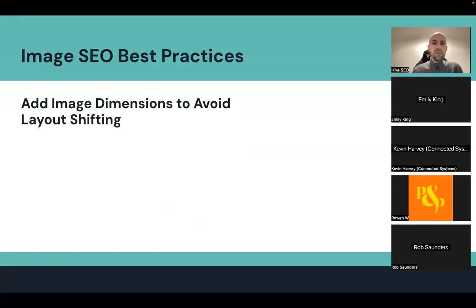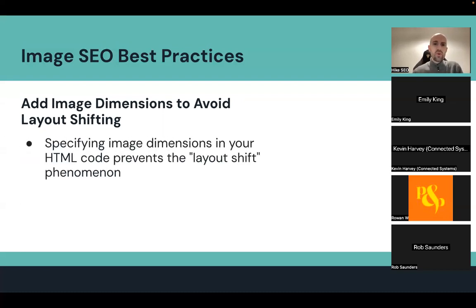Now, adding image dimensions to avoid layout shifting. This is again handled by most modern CMS platforms, but it's worth mentioning for those custom built sites or those sites that don't have this built in. You want to make sure that image dimensions are provided in the HTML code, and that prevents the layout shift phenomenon.